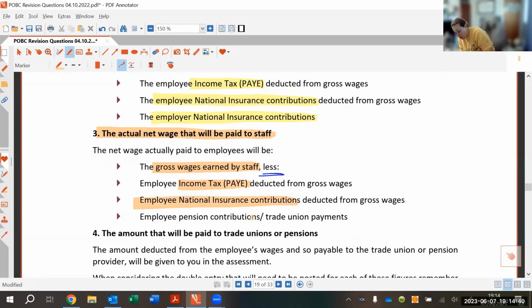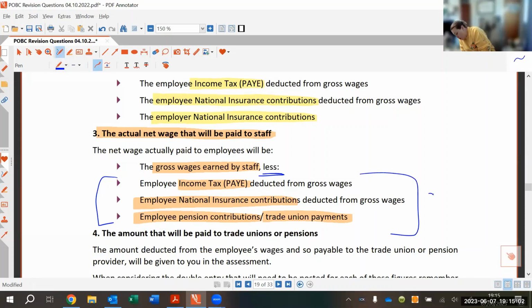You may also get either pension, and again looking for that employee thing, or they might give you a trade union subscription or something like that. But again, even if you get both of those, you're looking to deduct all of these 3/4 that you've got here. They're all deductions from gross pay.